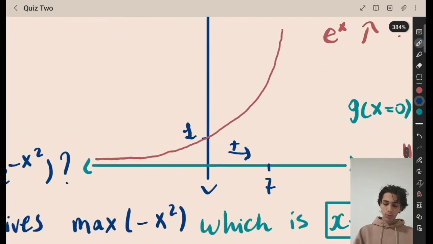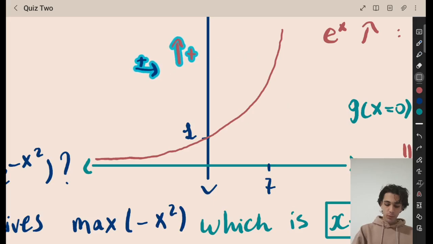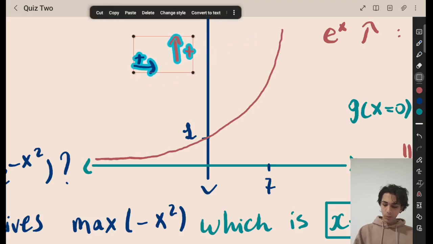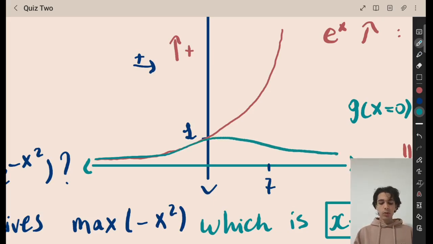So maybe if I remove those signs, or maybe I just move them somewhere else, maybe here, then the graph of this is supposed to be a bell curve, but my drawing skills are really not helping me. So this is the graph of e to the minus x squared.